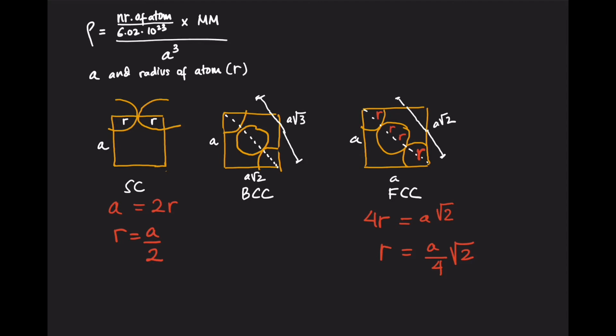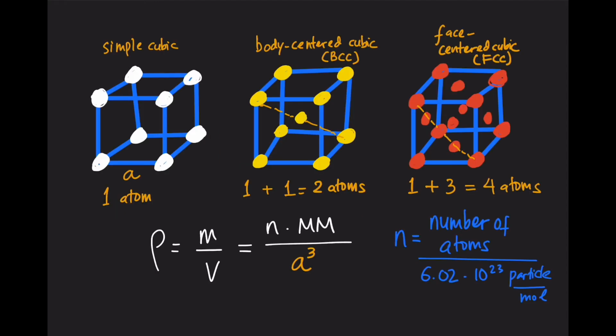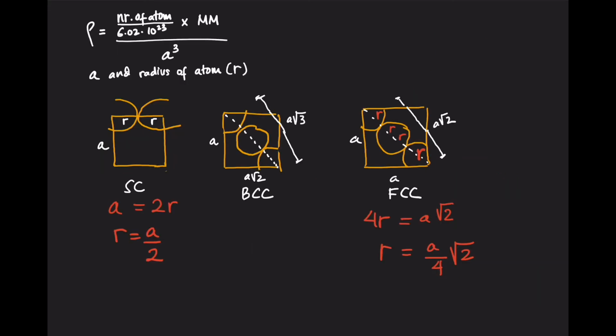Next, for BCC, the packed structure is found along the diagonal inside the cube. If we take this particular square, where this is A, and this is A multiplied by square root of 2, this will be A multiplied by square root of 3. So we can write it down like this.